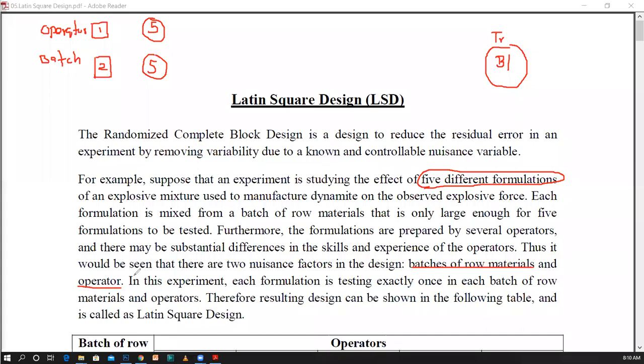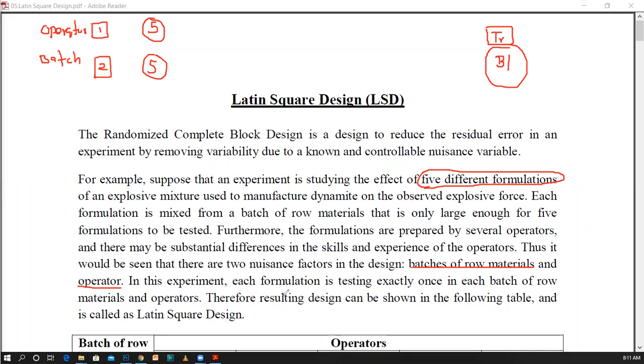We call them nuisance variables because their presence is important, but we are not going to test for such variables. We just need to identify the effect of the formulation on the explosive force only. In the RCBD also we just pay attention to the treatments only. We just tested for equal treatment means; we never checked for equal block means.